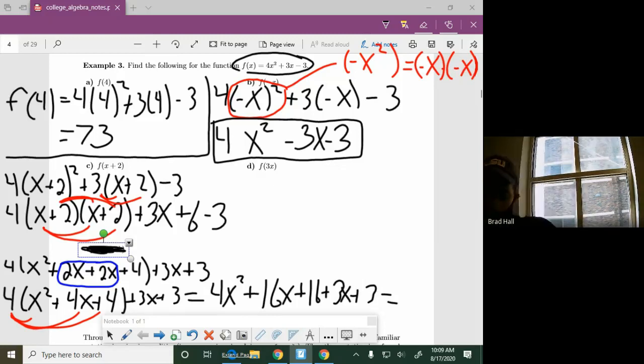Okay, and now we have like terms that we combine. 4x squared, there's no like terms for that one. I see a 16x and a 3x, which is 19x. And I'm going to squeeze in the 16 plus 3, which is 19.